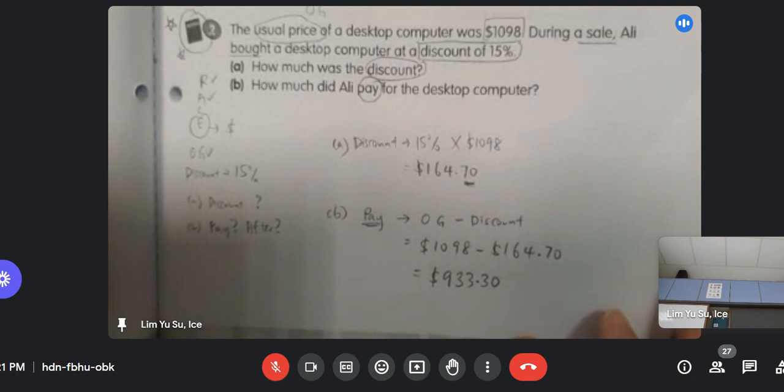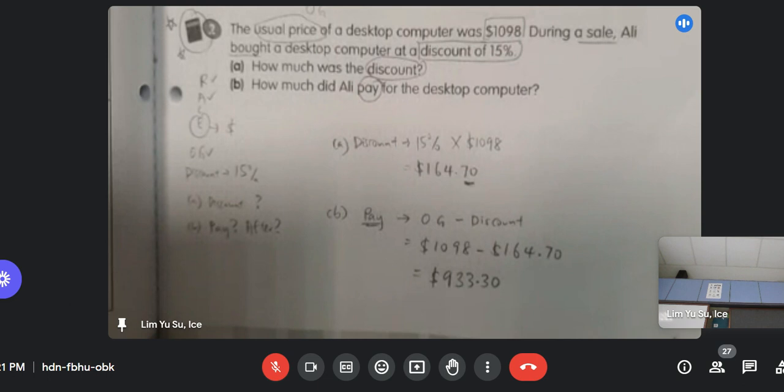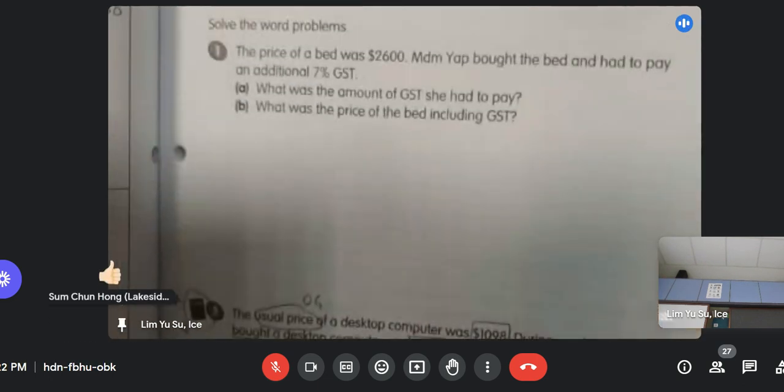Right. Then the next question on the same page, page 89, has no calculator symbol. So for this question, you have to work out the calculations yourself.